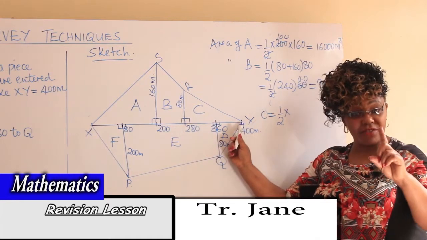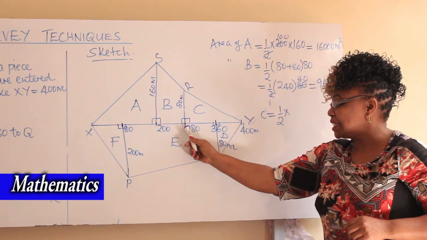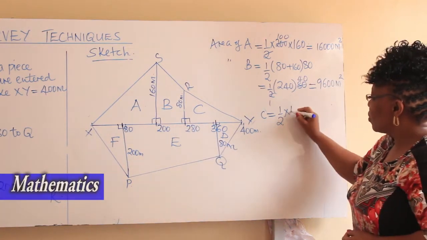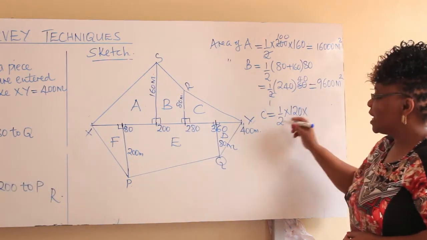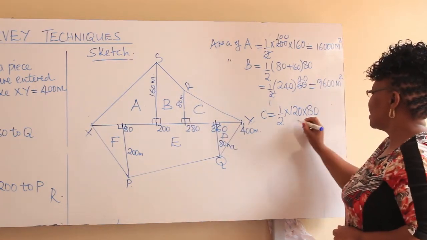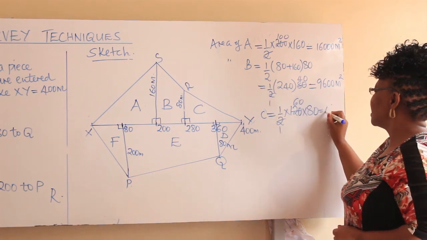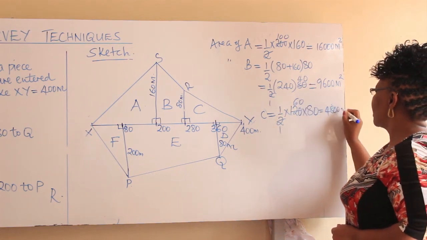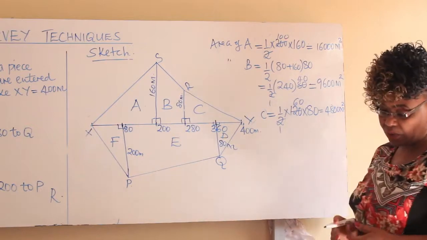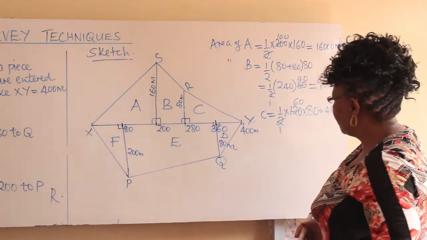That is 400 minus 280, which will give you 120. So our base is 120 and our height is 80. You come and fix it here, then you can divide using a calculator, or you can just do it by cancelling out. We get 4,800.